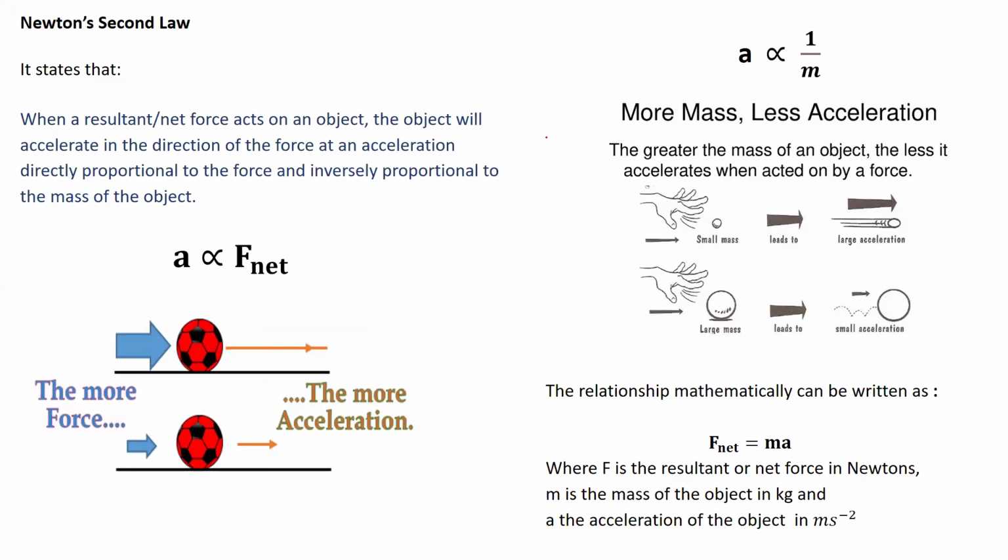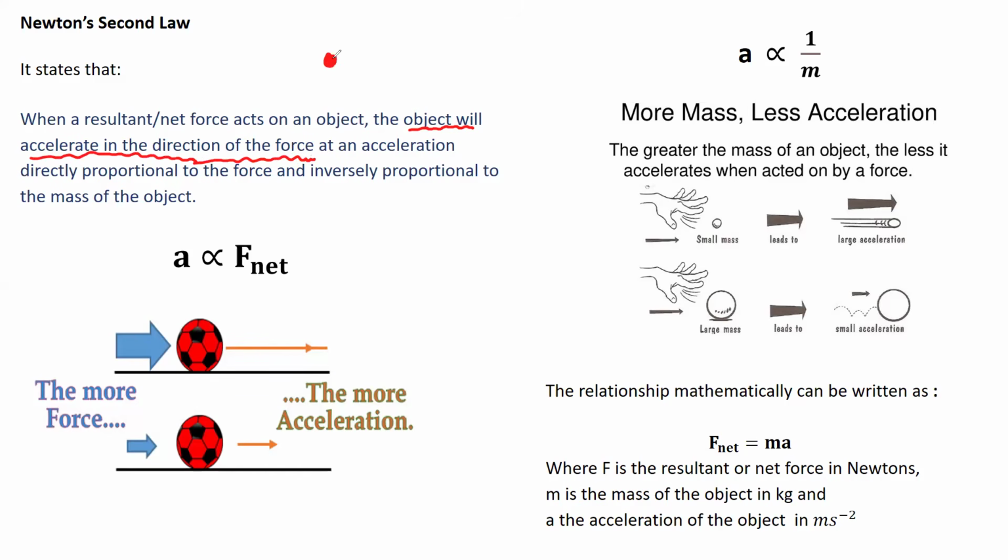I even said a force can cause an object to accelerate. So Newton's second law, which is the most popular of them all, gives us an idea that when there's a force that acts on the object, it will accelerate in the direction of the force.